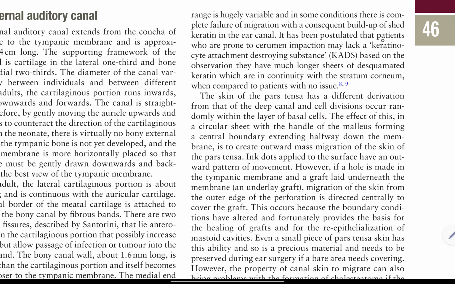It has been postulated that patients who are prone to cerumen impaction may lack a keratinocyte attachment destroying substance, KADS, based on the observation that they have much longer sheets of desquamated keratin which are in continuity with the stratum corneum when compared to patients with no issue.